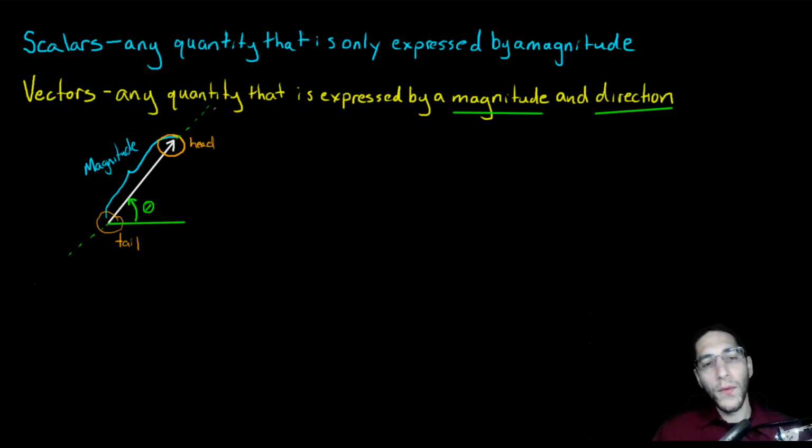Okay, so now that we can graphically express these vectors, let's look at what we need to do any type of mathematical operations with them. Let's start with scalar multiplication and division.